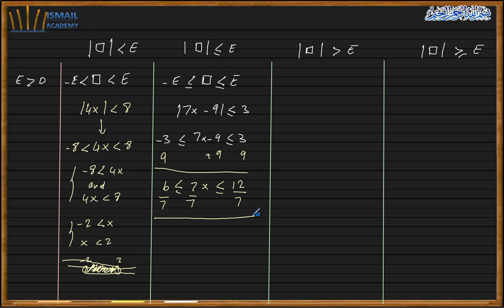Then you're going to have 6 over 7 is less than or equal to x is less than or equal to 12 over 7. How does it look? So x is between those two, which means 6 over 7 and 12 over 7 are shaded.